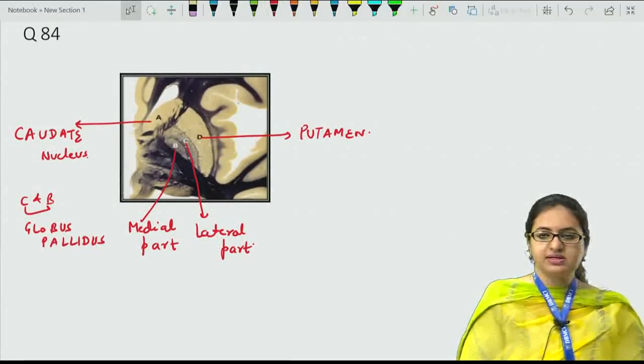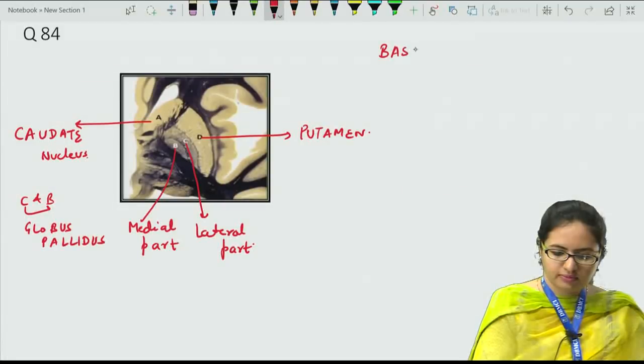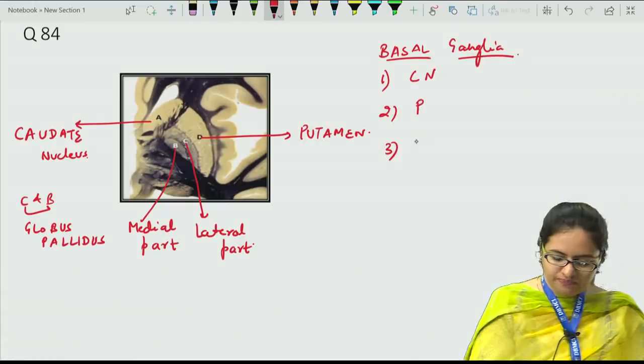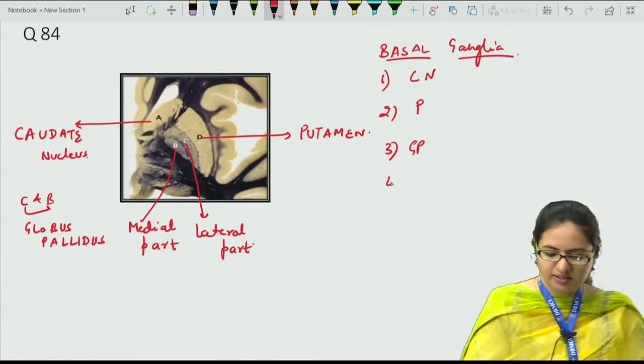So all these are basically the parts of the basal ganglia. The basal ganglia has the caudate nucleus, putamen, then globus pallidus. Apart from this, it also includes the substantia nigra and the subthalamus.